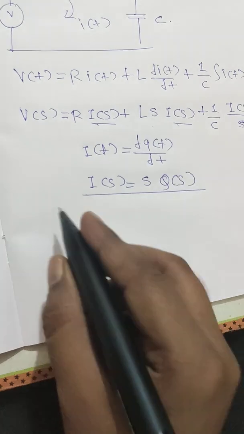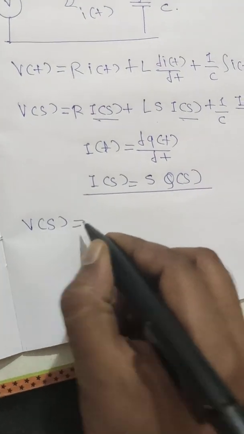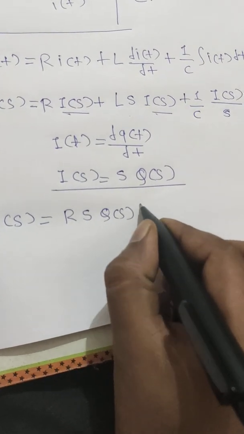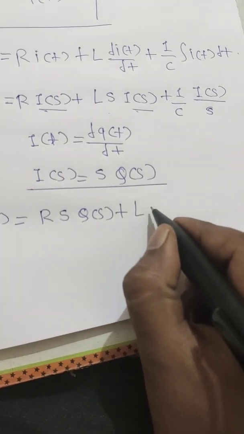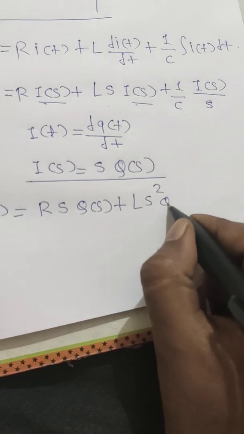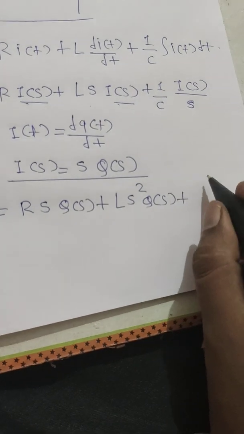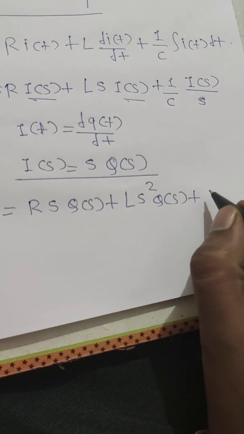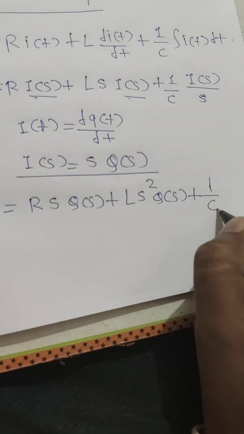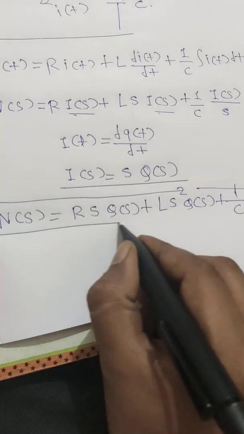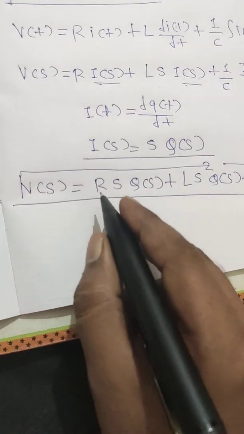Putting this in the above equation, V of s is equal to R into s into q of s plus L s square q of s plus 1 by C into q of s, since the s cancels. This is the electrical equilibrium equation using force voltage analogy.